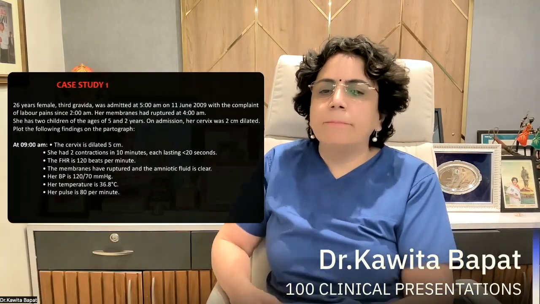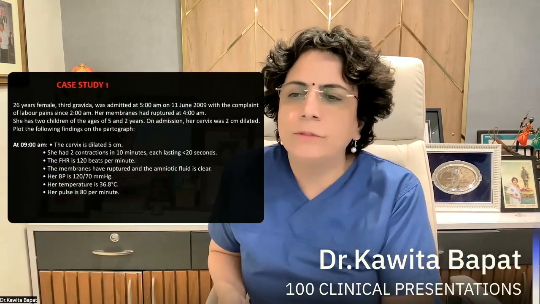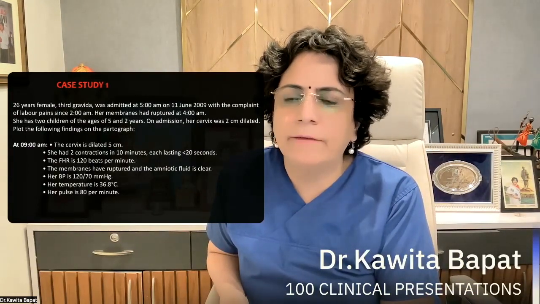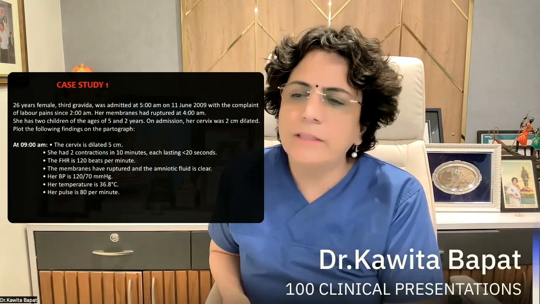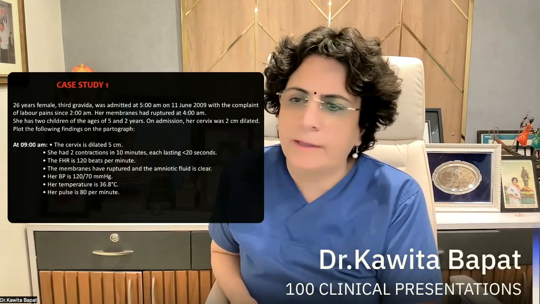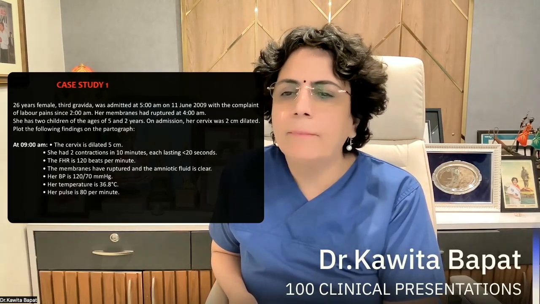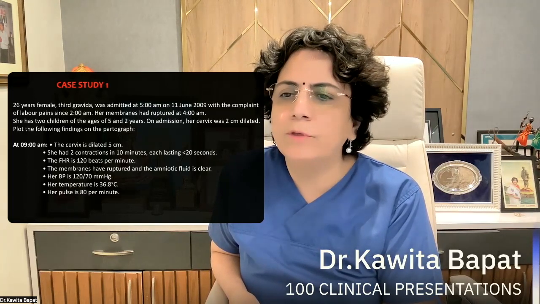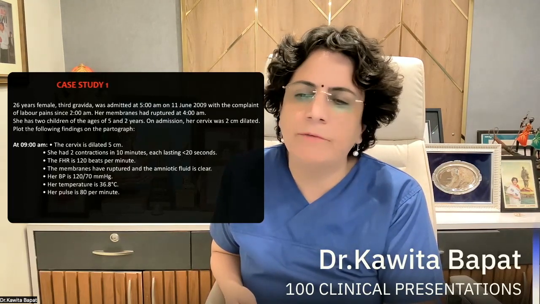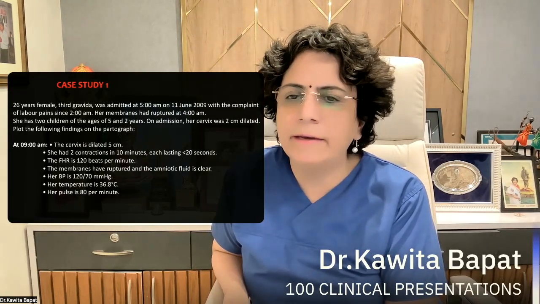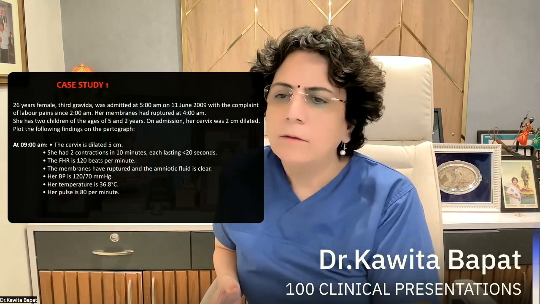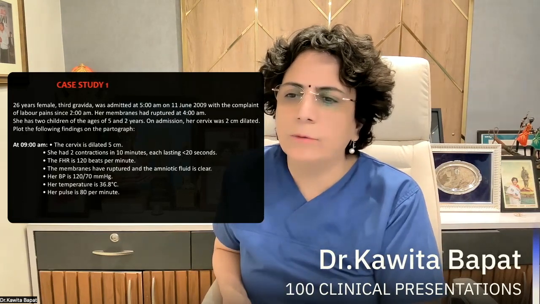Now, here are some simple case scenarios. A 26-year-old female, third gravida, admitted at 5 a.m. on 11 June with a complaint of labor pains since 2 a.m. Her membranes ruptured at 4 a.m. She has 2 children, ages 5 and 2. On admission, the cervix was 2 centimeters dilated, and the following findings were plotted on the partogram.